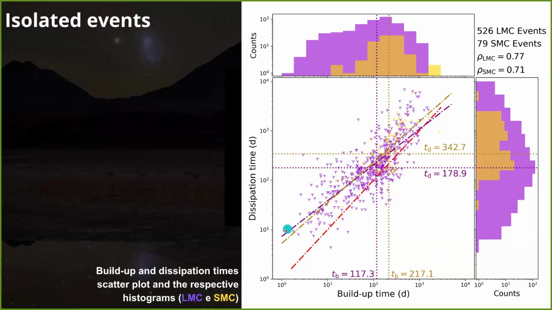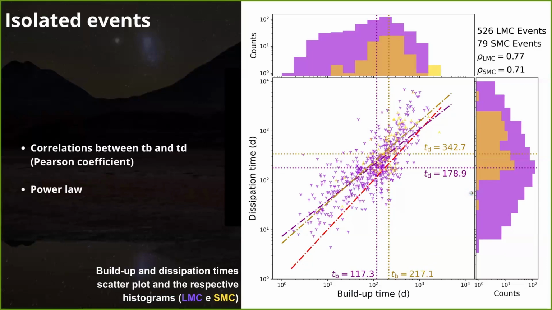We find a moderate to strong correlation if we use Pearson coefficients, and this correlation can also be explained by a power law, basically.